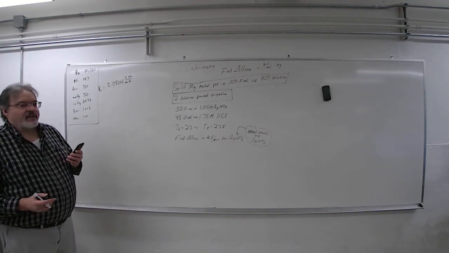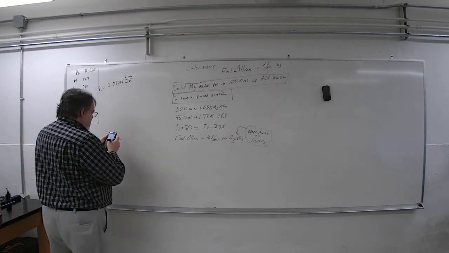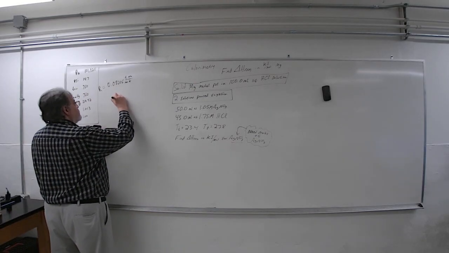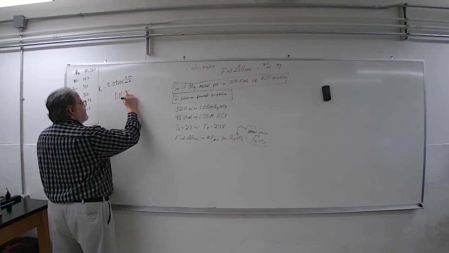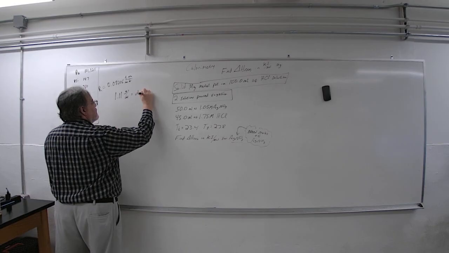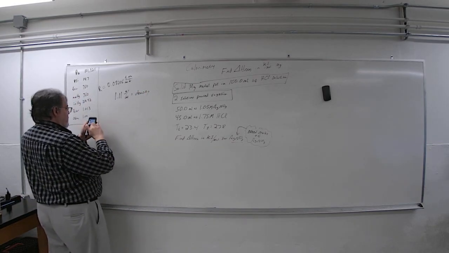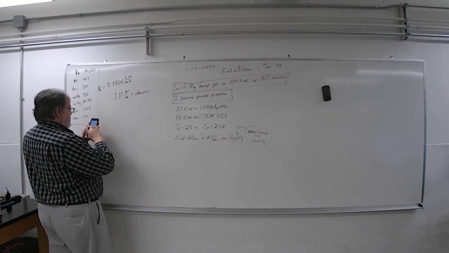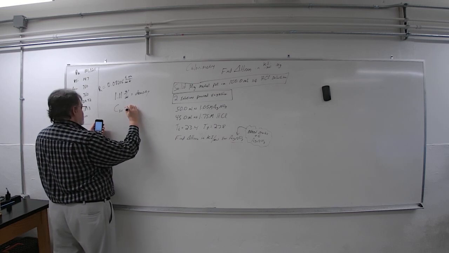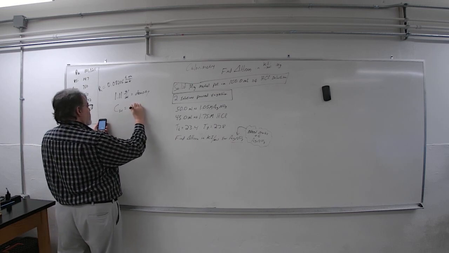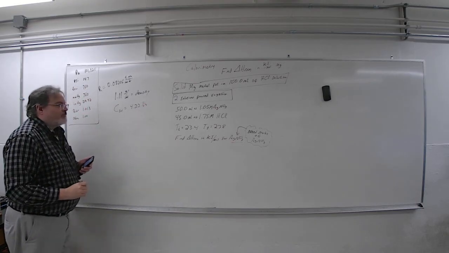So first we've got to find out the heat transfer that occurred. You're also told the density of the solution once they're poured together, and the heat capacity of the solution, you're told, is 4.22 joules per gram per degree.